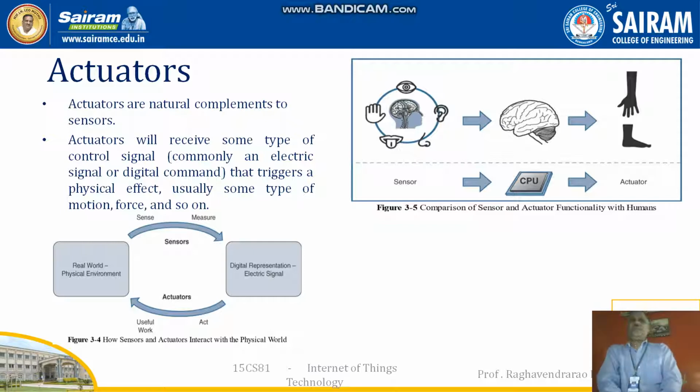Now, the sensors are going to sense and the data is collected, and what next? Next is actuators. Actuators are natural components to the sensors. The actuators will receive some type of control signal, commonly an electric signal or digital command, that triggers a physical effect, usually some type of motion, force and so on.